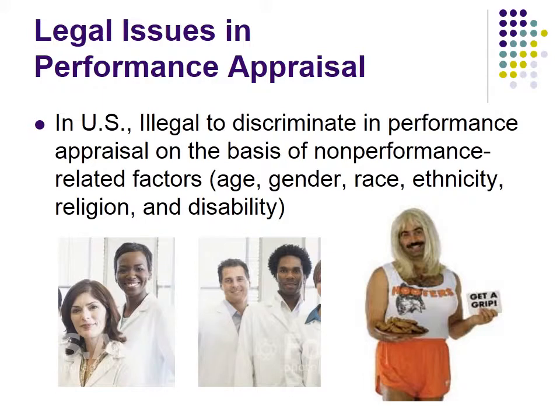Hooters, the restaurant, successfully defended their right to hire attractive women as their only wait staff because a man did sue, claiming he was being discriminated against based on gender. What Hooters had to do in a court of law was prove that a part of their brand, or actually a part of the job itself, what Hooters sells, partly isn't just wings and bar food, it's also a particular image. And this has actually been proven in court in some other cases.